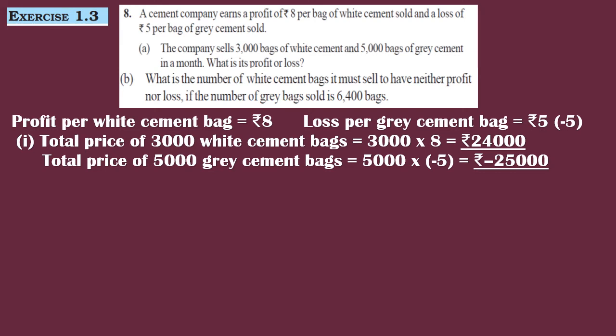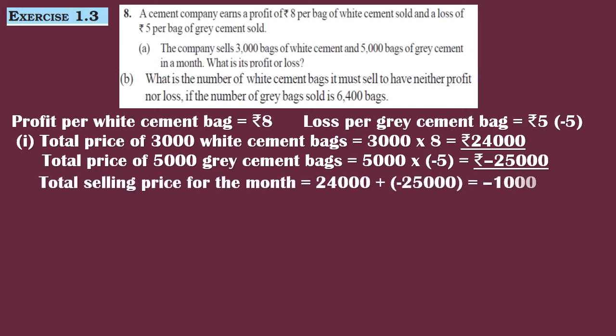So what is the total amount got by selling both the white cement bag as well as the grey cement bag? You have to add both. So 24,000 plus negative 25,000, so it is minus 1,000. So it is a loss, because we got the total selling price as a negative value.